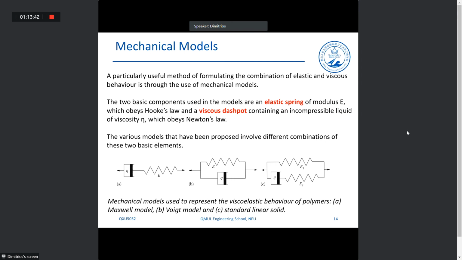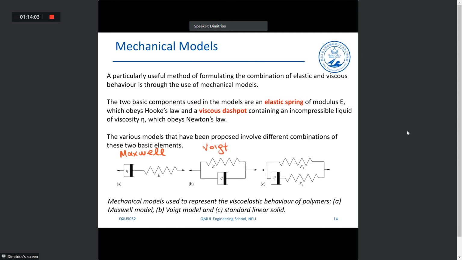So here we have the Maxwell model. As we will see in a second, in the Maxwell model, the spring and the dashpot are connected in series. In the Voigt model, the spring and the dashpot are connected in parallel.